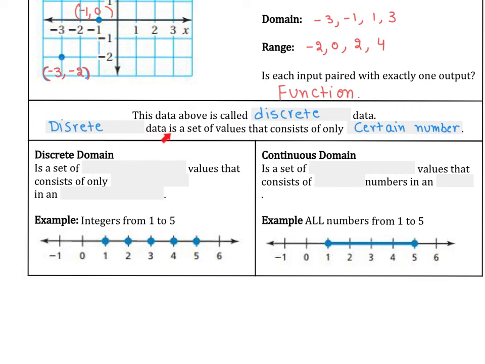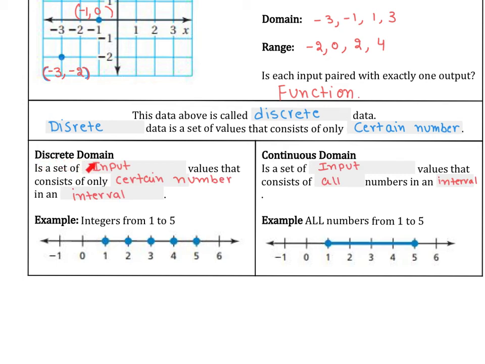Discrete data is a set of values that consists of only certain numbers, like 1, 4, 5, and continuous data goes from 1 through 4, like all the numbers from 1 through 4. If you have that in some set, that is called continuous. If they are just a few certain numbers, then it's called discrete data.